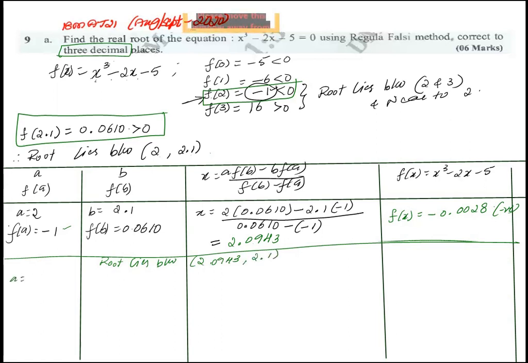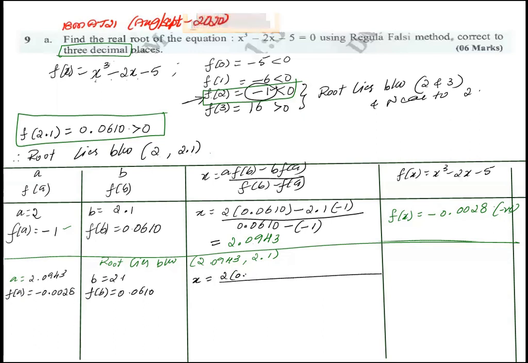So a value is 2.0943 and f of a is f of x, that is negative 0.0028, and b remains the same, 2.1, and f of b is 0.0610. Calculate x, that is 2 into 0.0610 minus 2.1 times f of a, negative 0.0028, divided by f of b minus f of a, which is negative 0.0028.